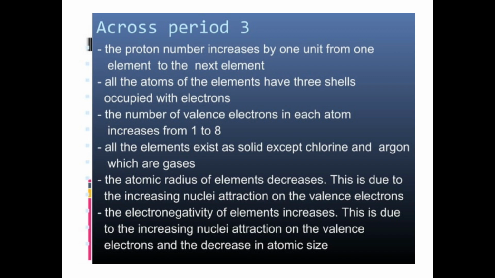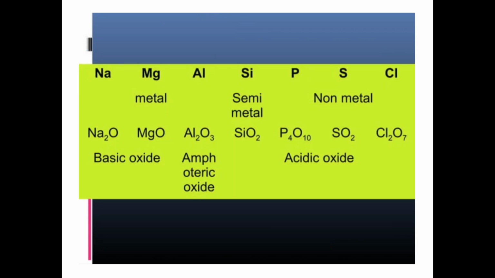The atomic radius decreases. This is due to increasing nuclear attraction on the valence electrons. The electronegativity of elements increases. This is due to increasing nuclear attraction on the valence electrons and the decrease in atomic size. So this is a summary of what we have said so far.